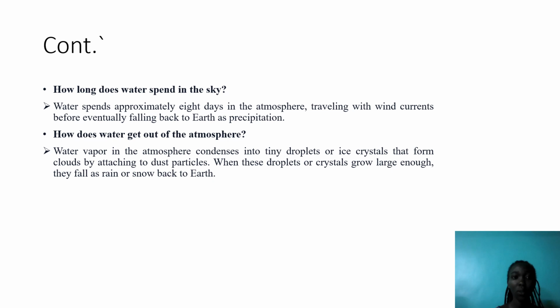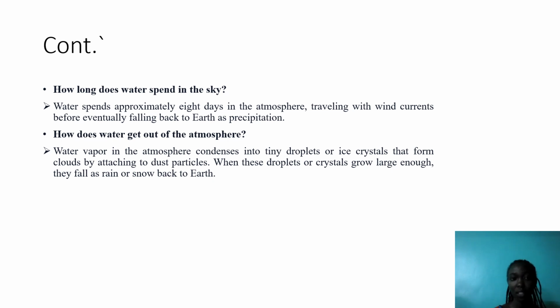Another question: how long does water spend in the sky? I will answer that water spends approximately 8 days in the atmosphere, traveling with wind currents before eventually falling down to earth as precipitation.